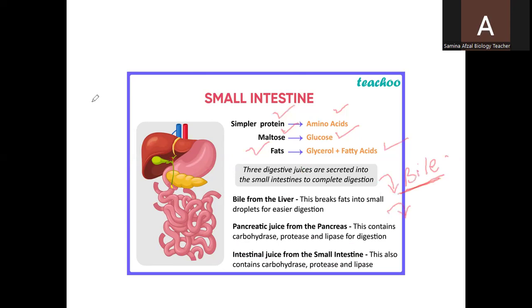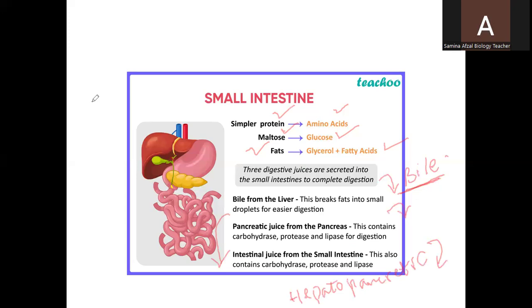So the bile duct and pancreatic duct join together to make the hepatopancreatic duct, and through the hepatopancreatic duct, the secretions of liver and pancreas enter into the small intestine.